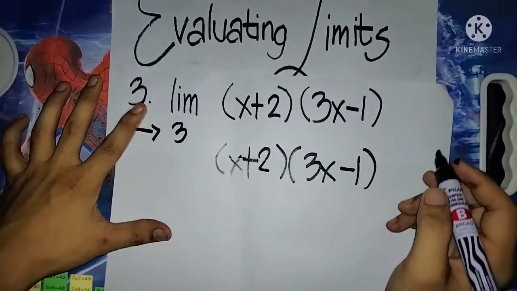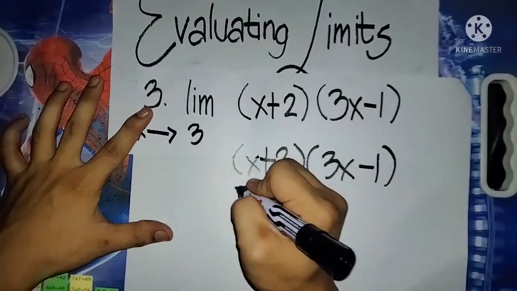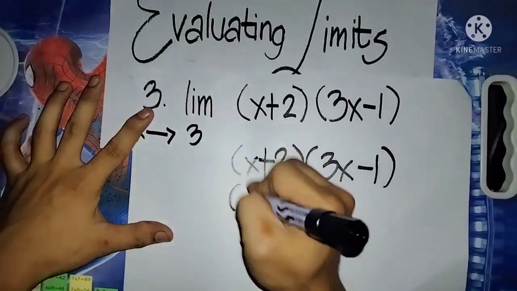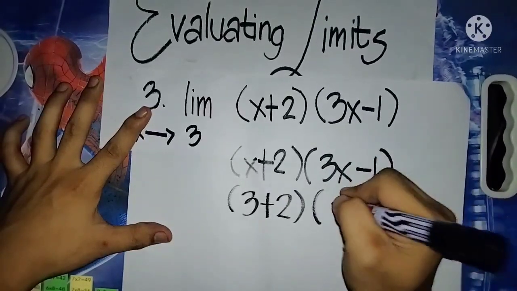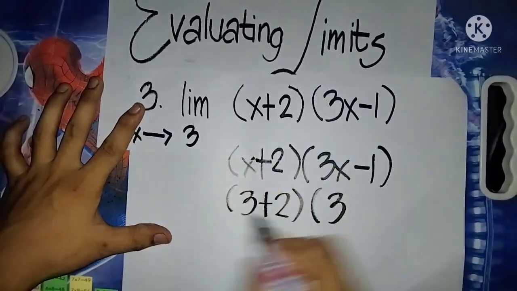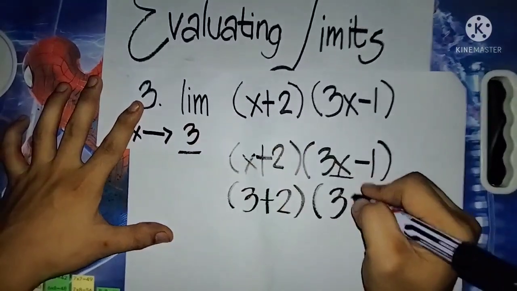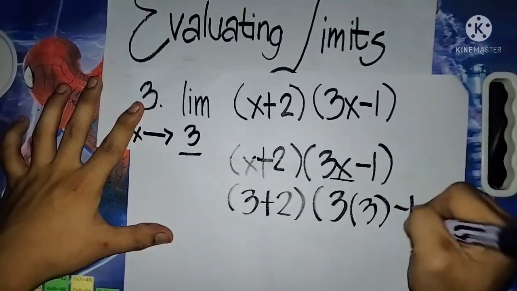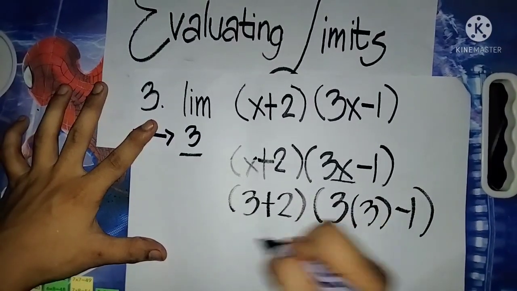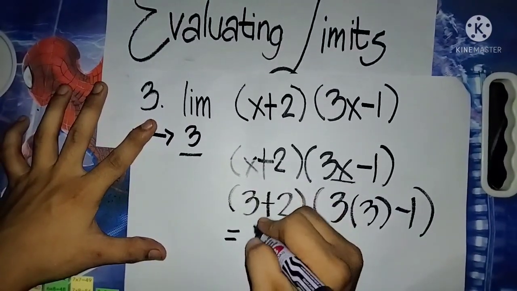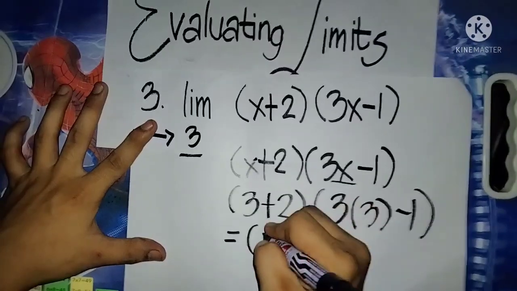We are going to directly substitute, where x is 3, plus 2, and 3, where x is 3, minus 1. So 3 plus 2 is equal to 5.